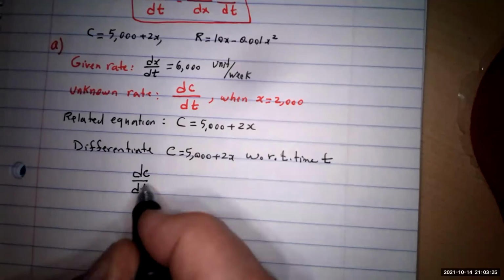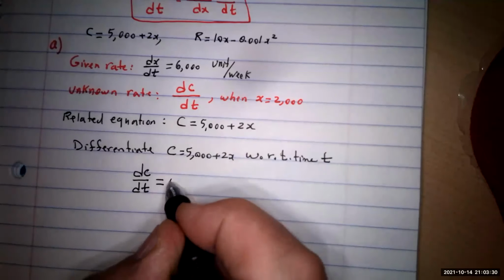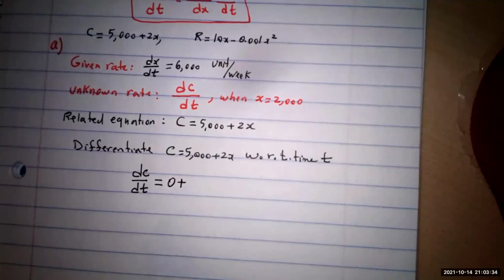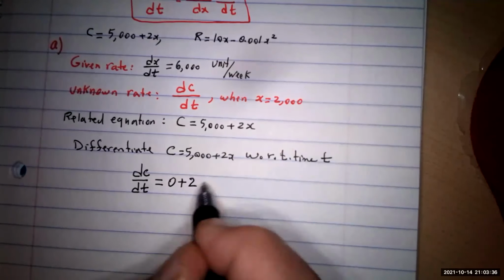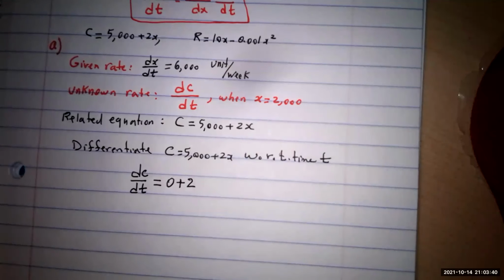So it's going to be equal to, the derivative of the 5,000 would be 0 because it's a number, plus 2 times what? 2 times the rate of the x. The derivative of x is 1. You have to multiply by the rate of the x.